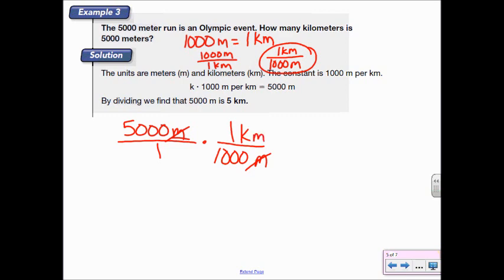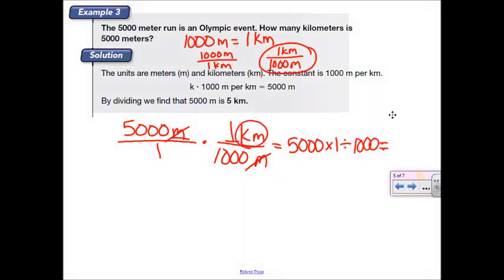Now I would do 5,000 times the numerator 1, which is 5,000, divided by the denominator 1,000, which is equal to 5. And since kilometers have not been crossed out, those are my units.